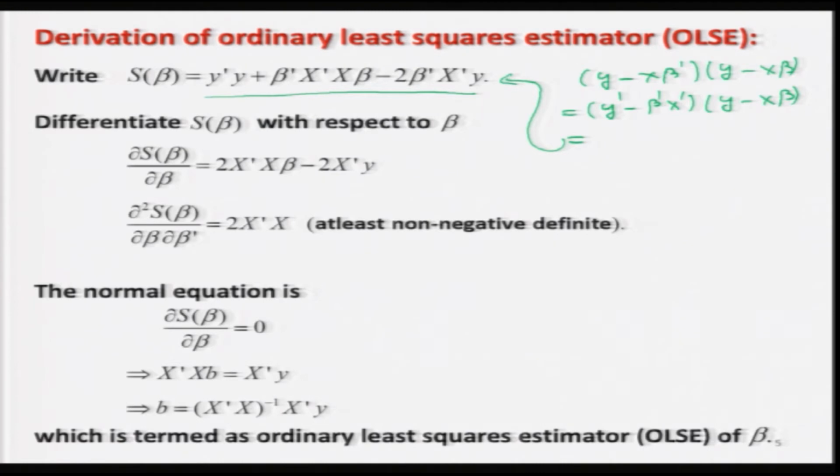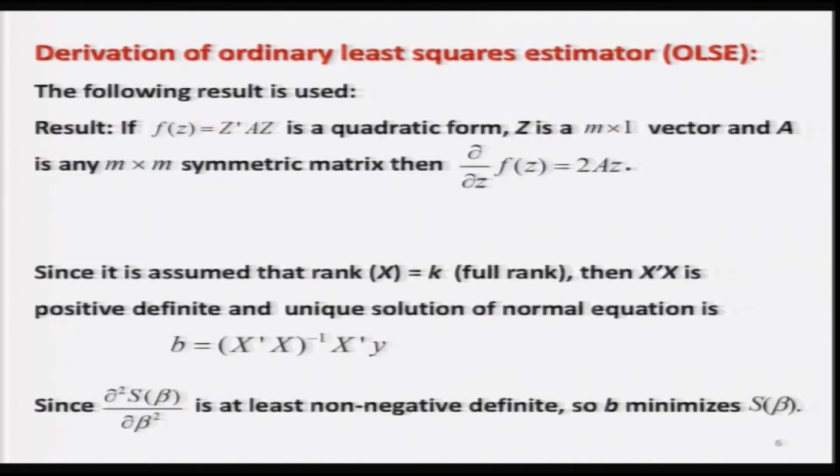So, I differentiate this S beta with respect to the beta vector. Now, remember one thing, here we are using differentiation with respect to a vector. In order to do it, first I show you the result which I have used, which is available in all the results related to linear estimation.